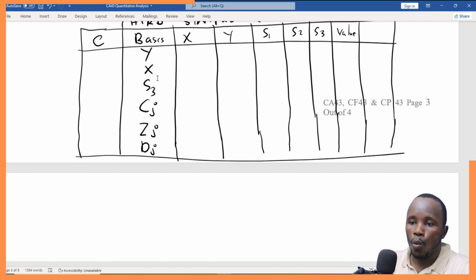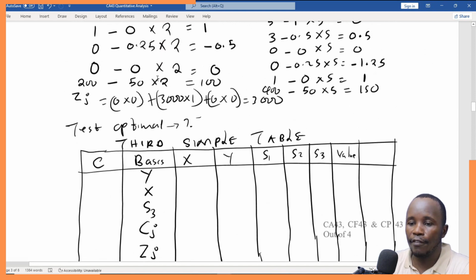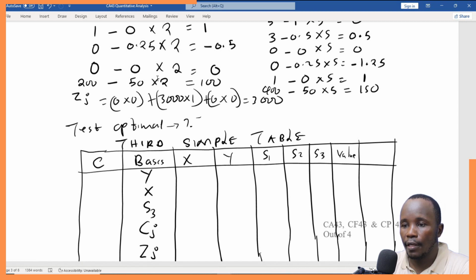Now, what are the coefficients of Y from the objective function? The coefficient of Y was 2000. The coefficient of X is 3000. Slack S3 is 0.